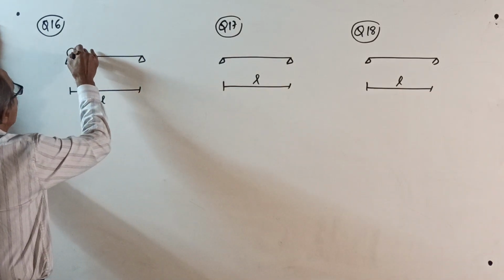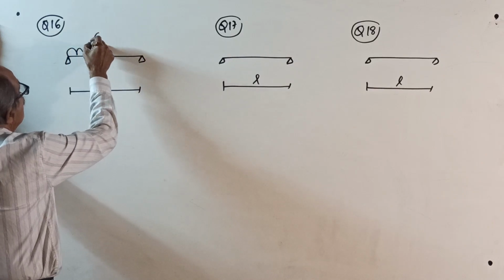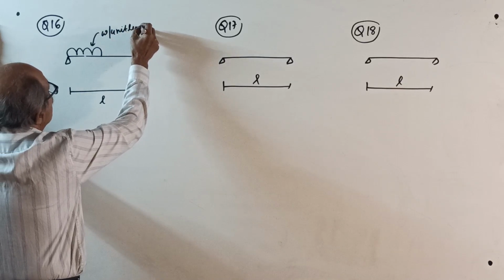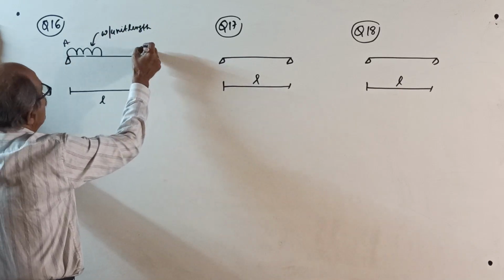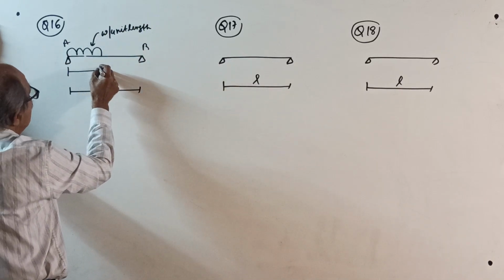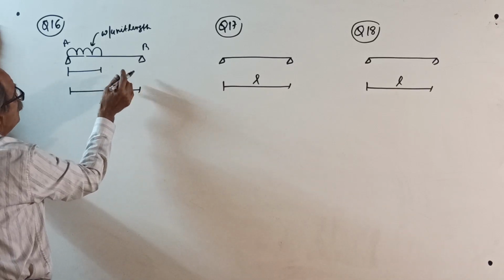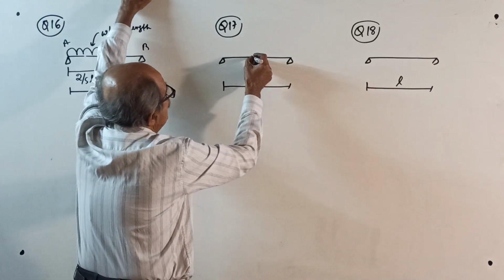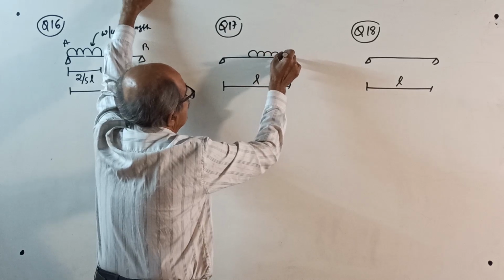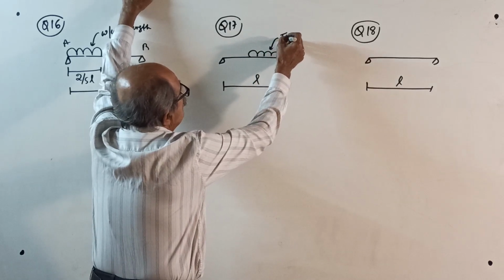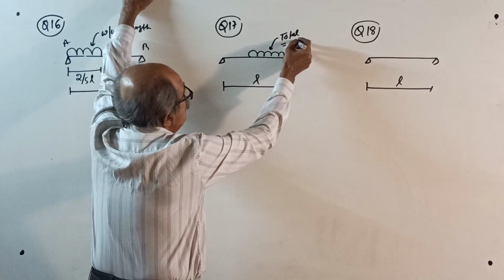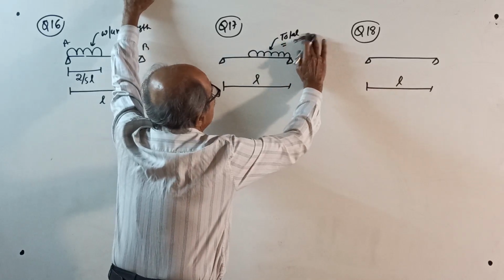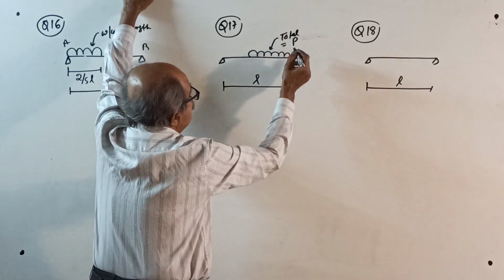See, a load will be given, W per unit length, AB. Length is not midpoint, partial length. I will give you 2 by 5L. Then here, I will give load here. Here I will give you total load equal to 6W or 6P this time, okay, P. Total equal to 6P, so not P, 6P.